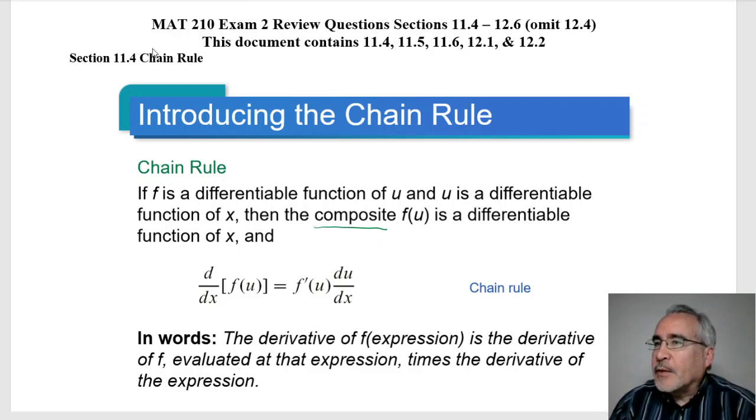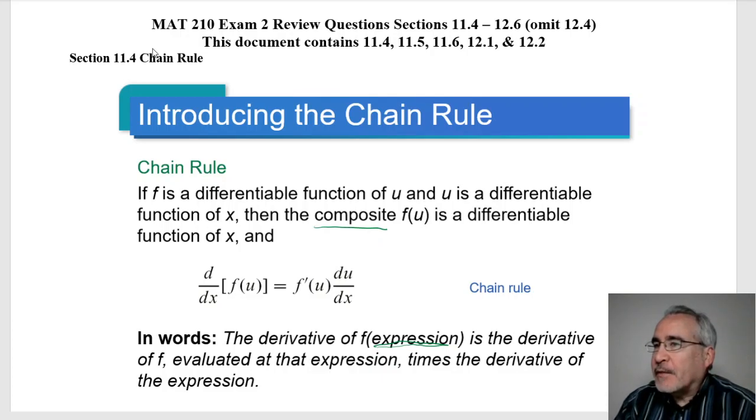And so what we end up doing is we take the derivative of the outside function, notice the inside function still sitting there, and then take the derivative of the inside function. We'll work through a few examples as we've done. So basically it's the derivative of f with the expression, some sort of function, something more complicated than x, let's put it that way.